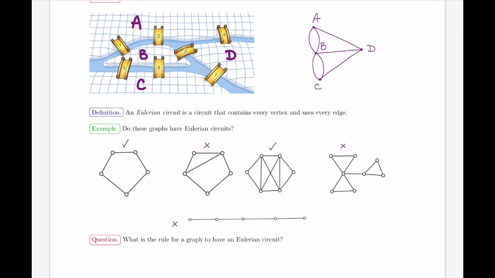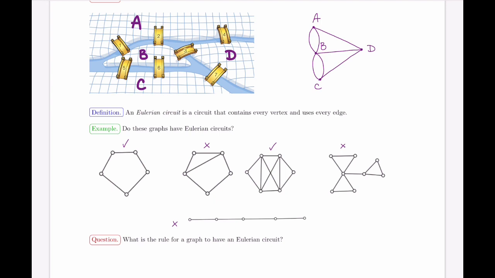And the problem here is, notice this vertex. I have to come into this vertex and I have to come out of this vertex, which leaves me with this edge that I have to use to make an Eulerian circuit. But if I enter the vertex along this edge, I have no way out. So vertices of odd degrees are a problem.